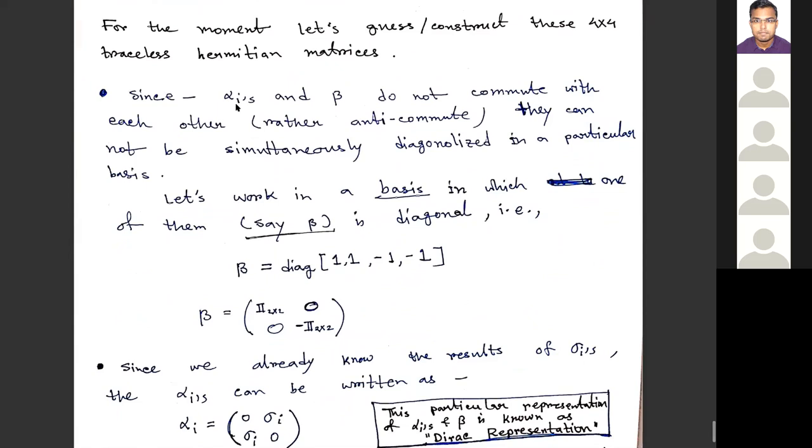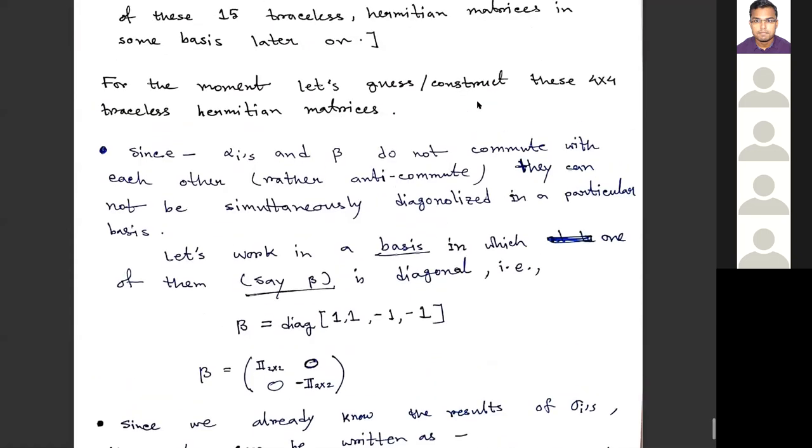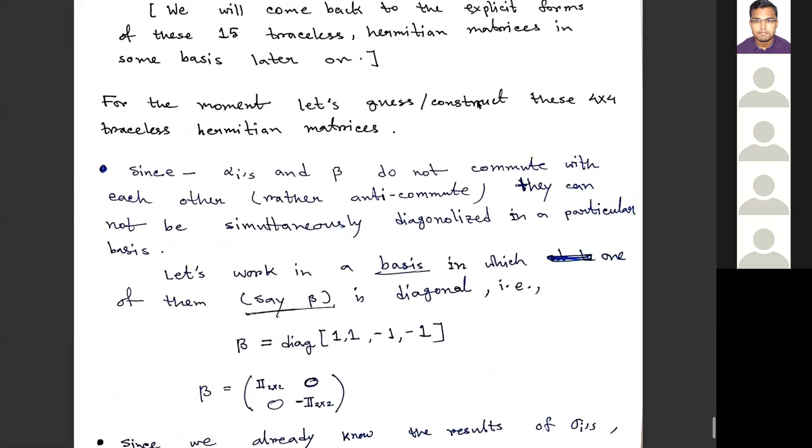So one thing is this alpha i and beta, they anti-commute with each other, right? All of them anti-commute with each other. Two matrices can be simultaneously diagonalized in the same basis if they commute with each other.